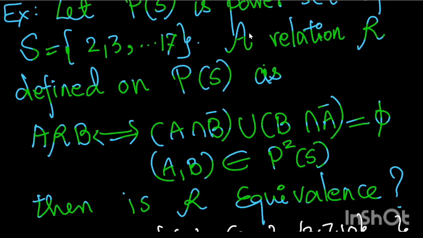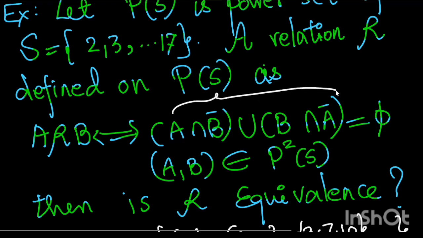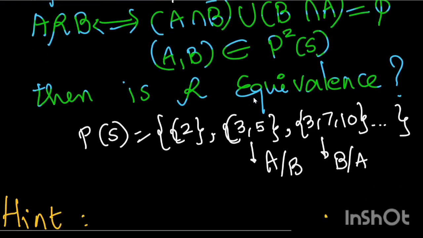Now the question is, is R an equivalence relation? So what should be the hint to this, guys? The hint is definitely this relation, which is crucial. We need to understand this relation, which gives us the relation between set A and set B.